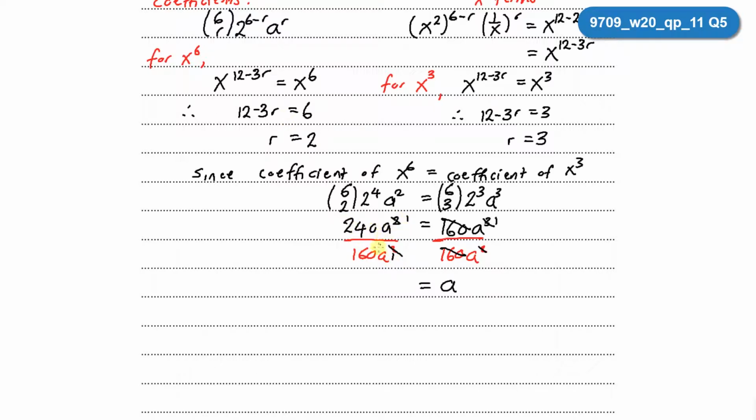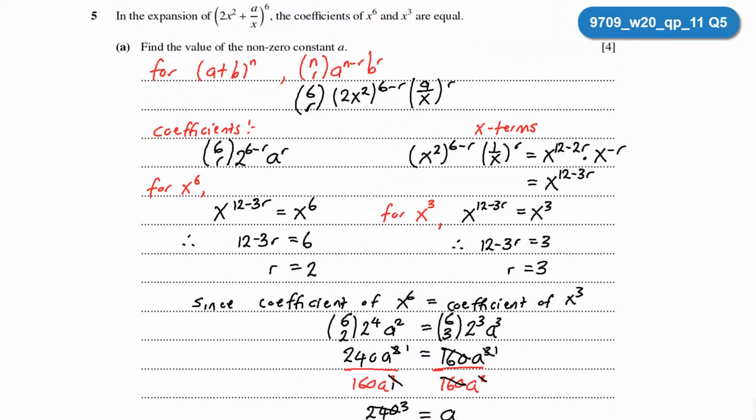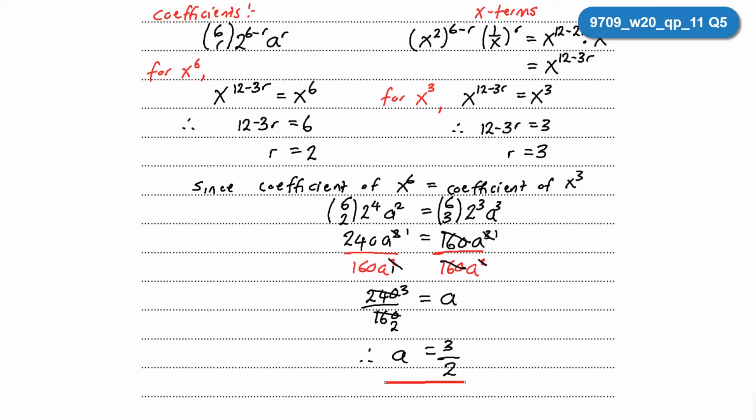And 240 over 160 is what remains. Now this can be reduced to 3 over 2, because 80 gets into here 2 times and 80 gets into here 3 times. So it therefore means that a comes out as 3 over 2. And that's the solution to part A of the question.